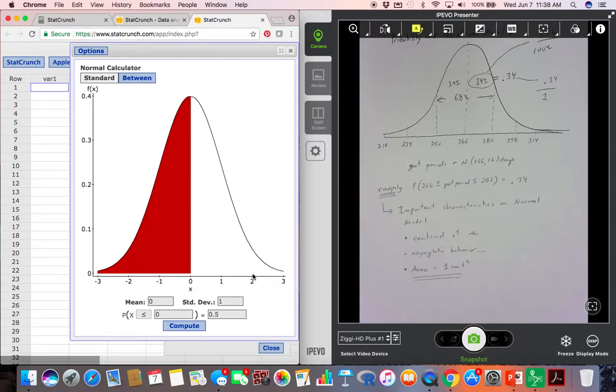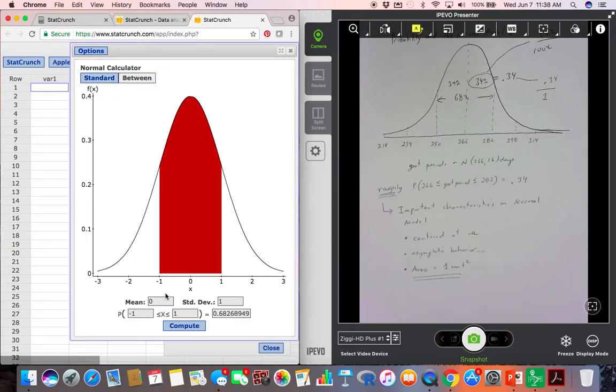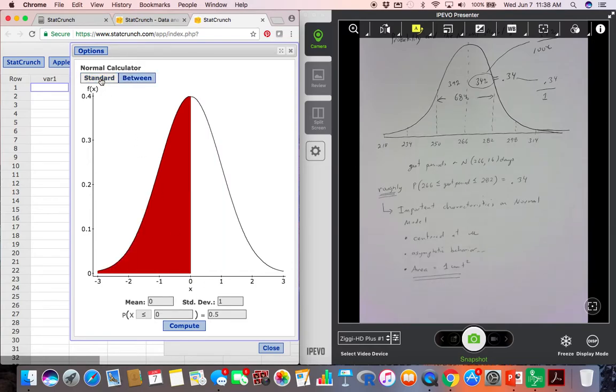for calculating probabilities. Now, I can do the standard measurement, or I can do the between measurement. The between measurement allows me to calculate the probability between two values. The standard measurement gives me the option of calculating above or below one particular value.